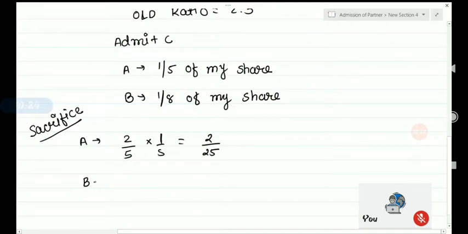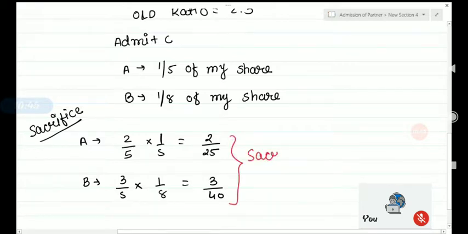And sacrifice of B will be 3 upon 5 into 1 upon 8. So that will be 3 upon 40. Okay, we got sacrifice of both the partners.